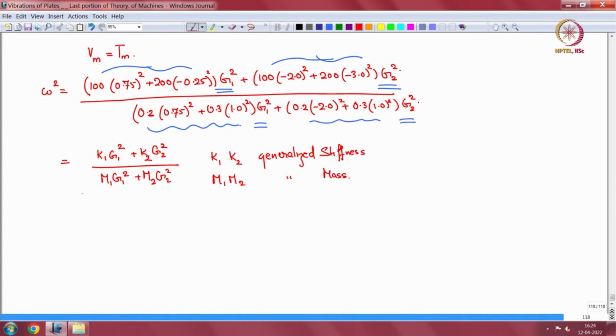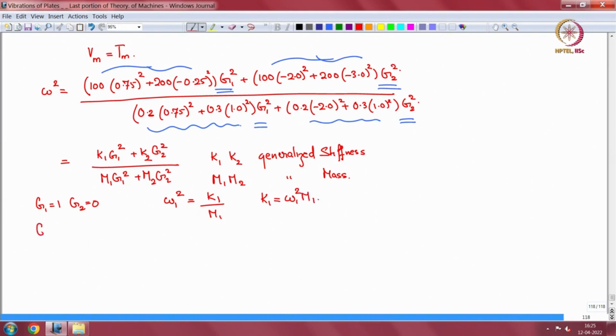Now if we select g1 equal to 1 and g2 equal to 0, then we get omega 1 square, which is k1 by m1, or k1 is omega 1 square m1.